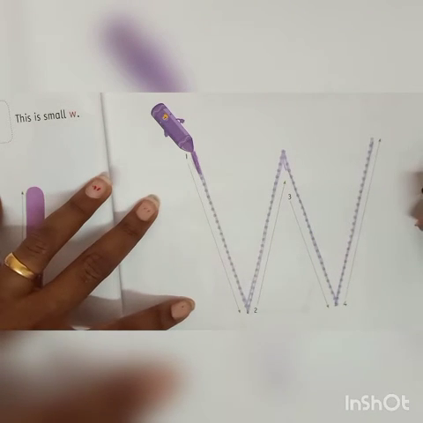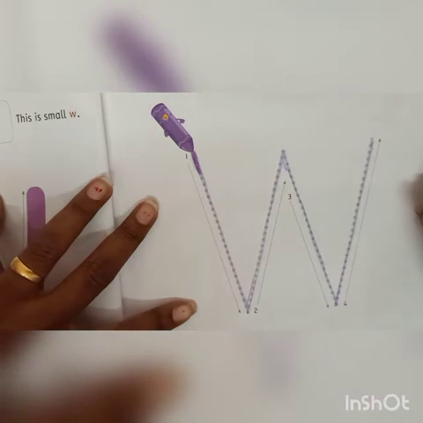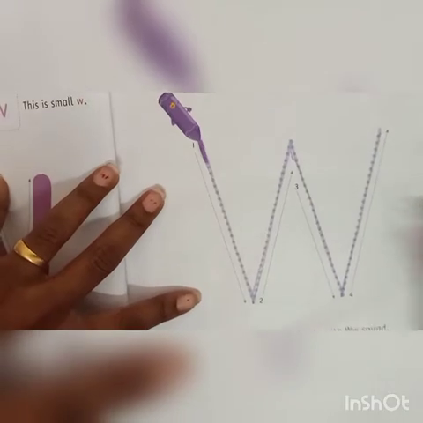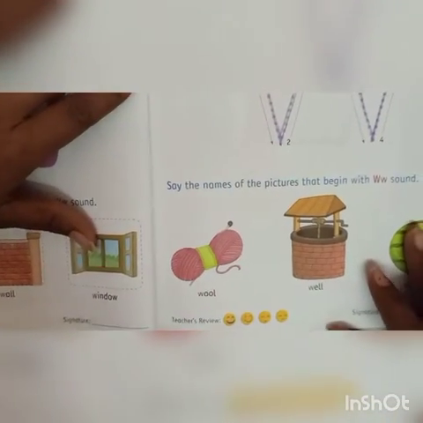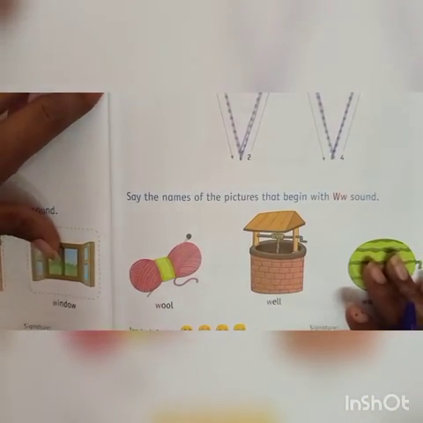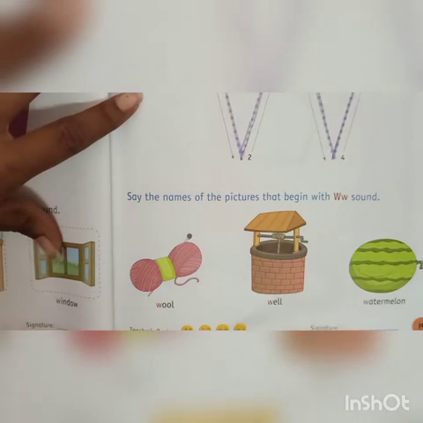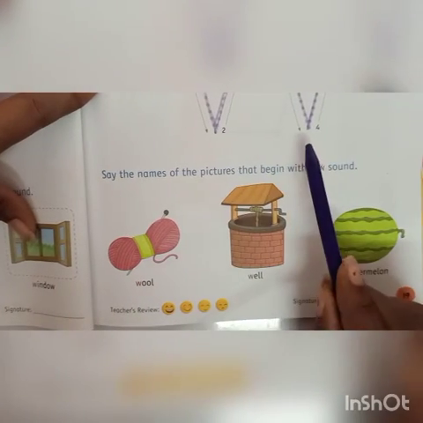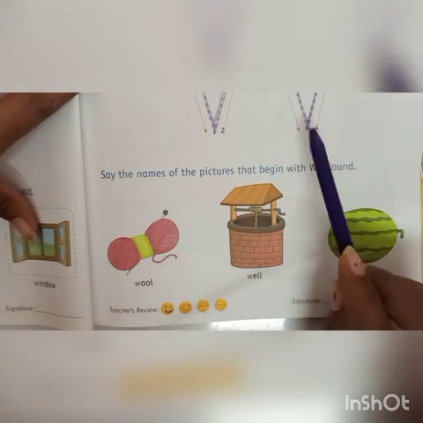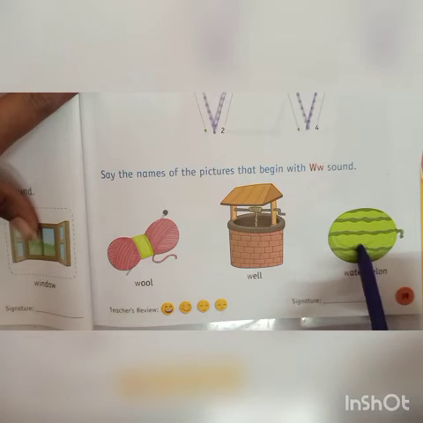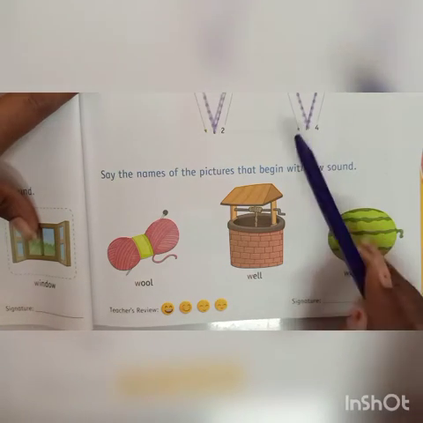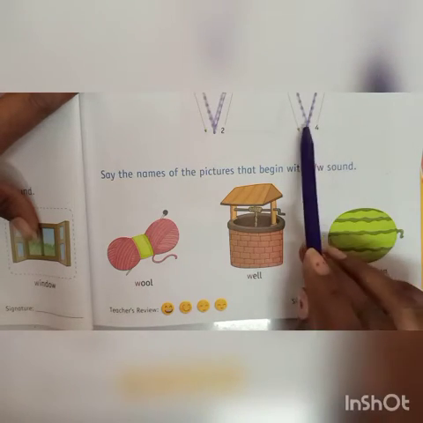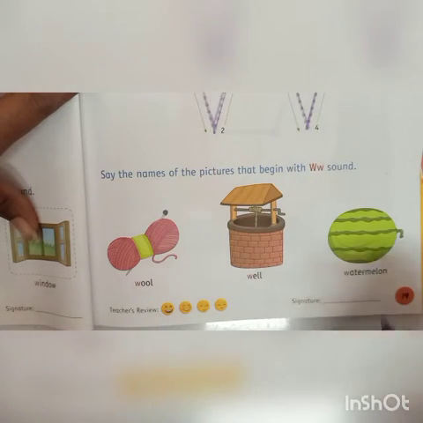This is how we are going to write letter W. This is the capital letter W. Now again we'll say the names of the pictures that begin with W sound. W for wool, W for well, and W for watermelon.